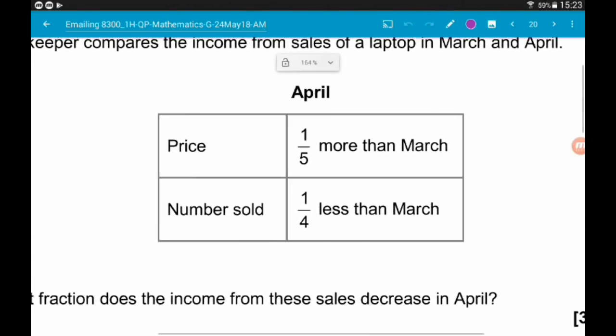So the table tells us comparisons in April to what happened in March. In April, the price of the laptop was increased by 1/5, and the number sold decreased by 1/4.